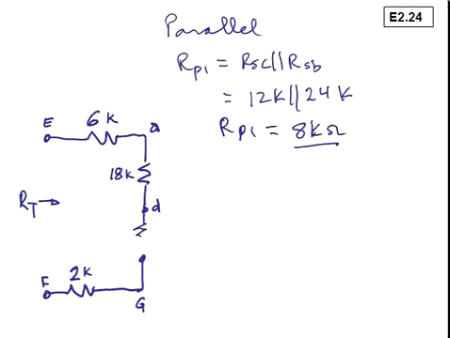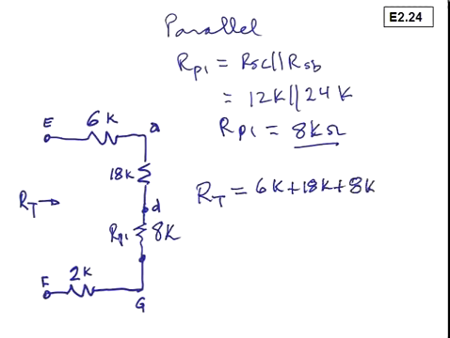We can put that resistor RP1 in the equivalent circuit, 8K, and finally we're ready to calculate the total terminal resistance. RT is equal to a series combination of 6K plus 18K plus 8K plus 2K, or R sub T is equal to 34K.